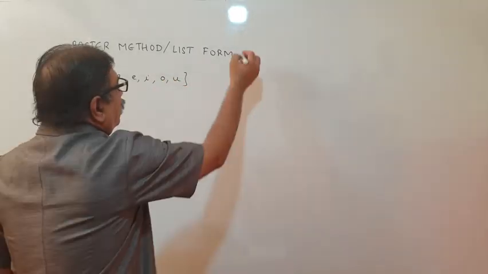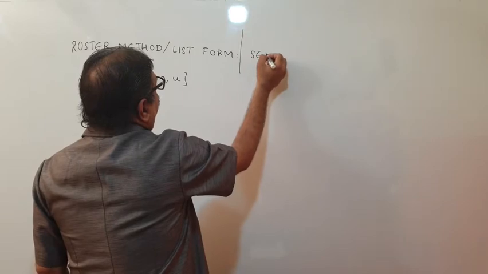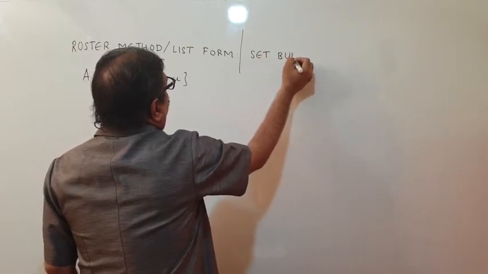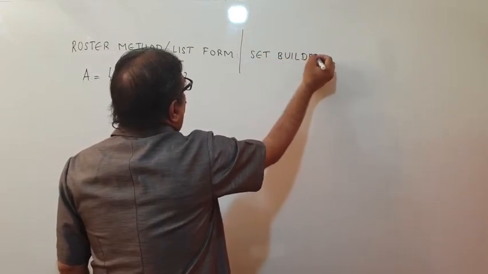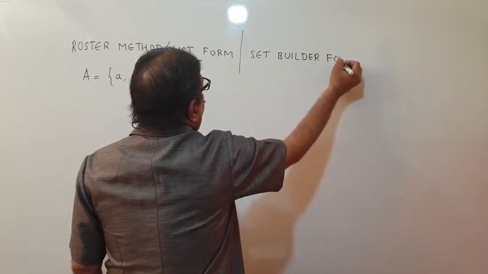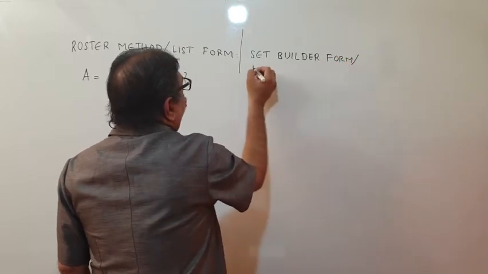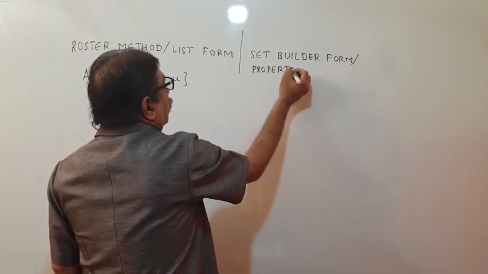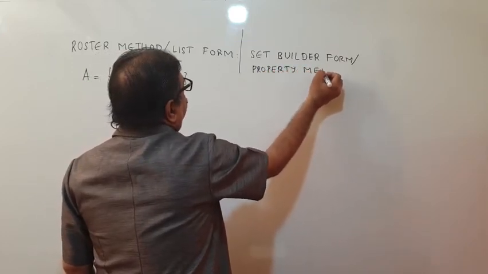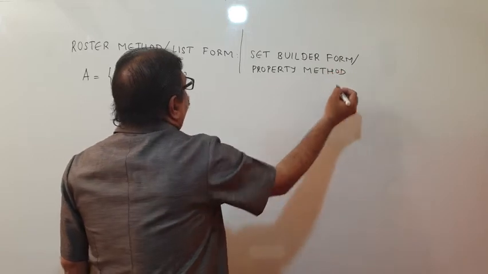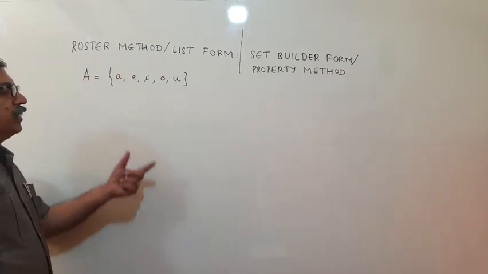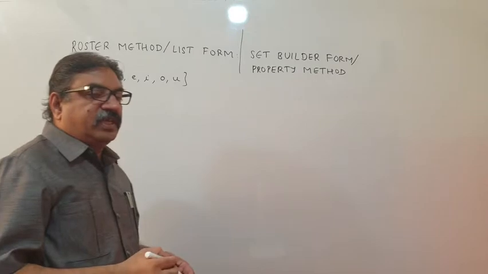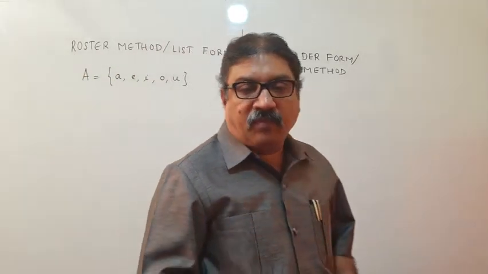And another is set builder form, or property method. So property method or set builder form means I will see if all the elements can share some common property.